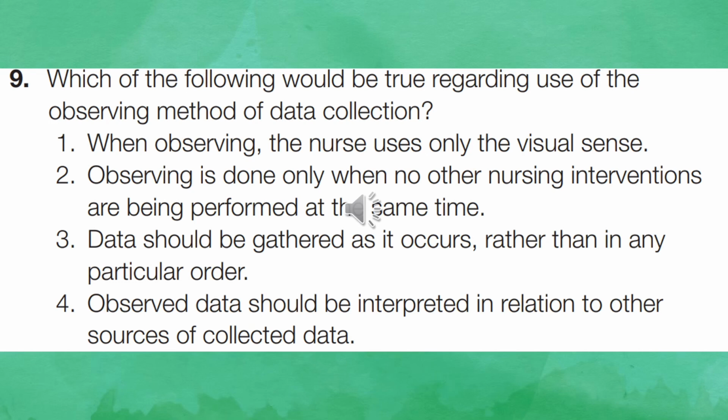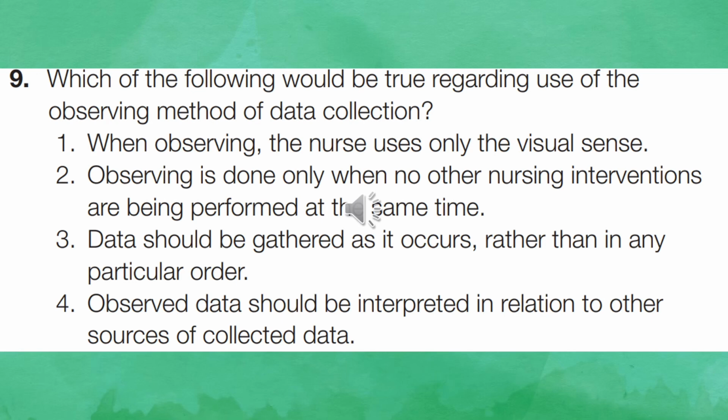Okay? Which of the following would be true regarding use of the observing method of data collection? 1. When observing, the nurse uses only the visual sense. 2. Observing is done only when no other nursing interventions are being performed at the same time. 3. Data should be gathered as it occurs, rather than in any particular order. 4.